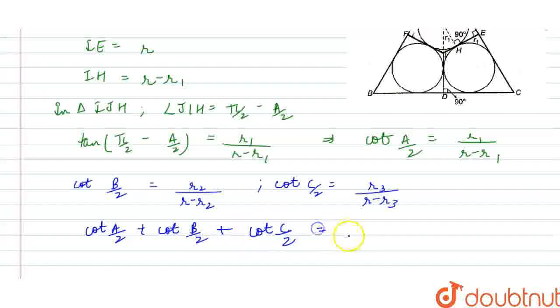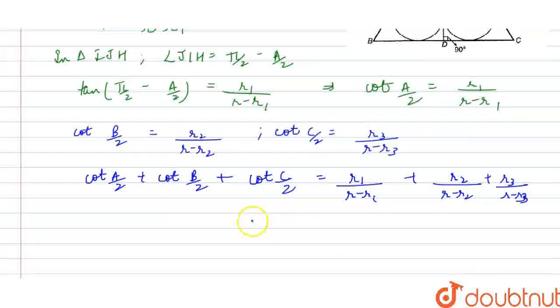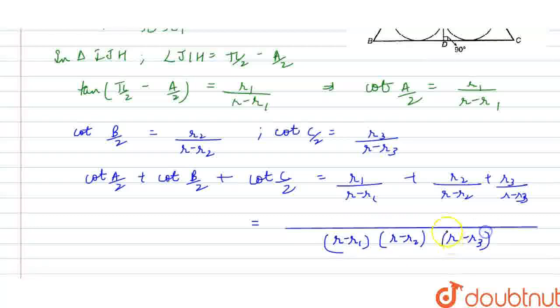That is equal to R1 upon R minus R1 plus R2 upon R minus R2 plus R3 upon R minus R3. Taking LCM, what do I get? In the denominator, I'll be getting R minus R1, R minus R2, R minus R3.